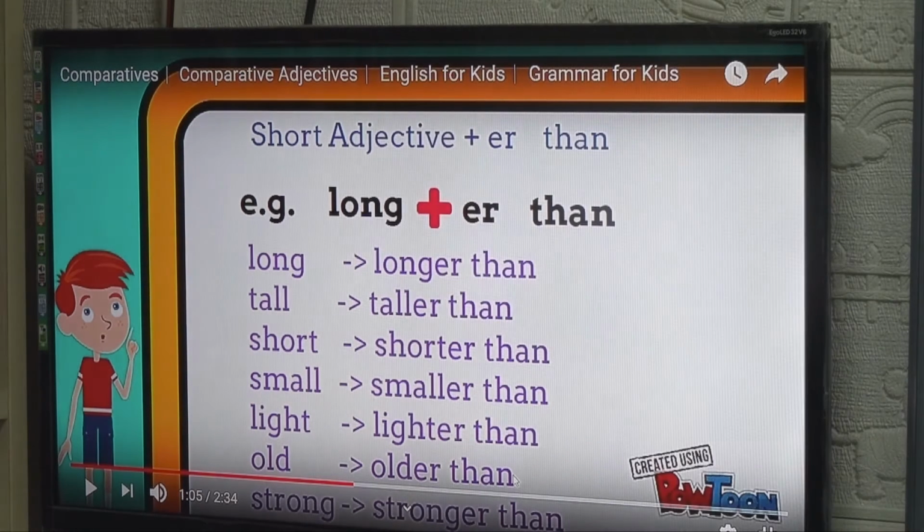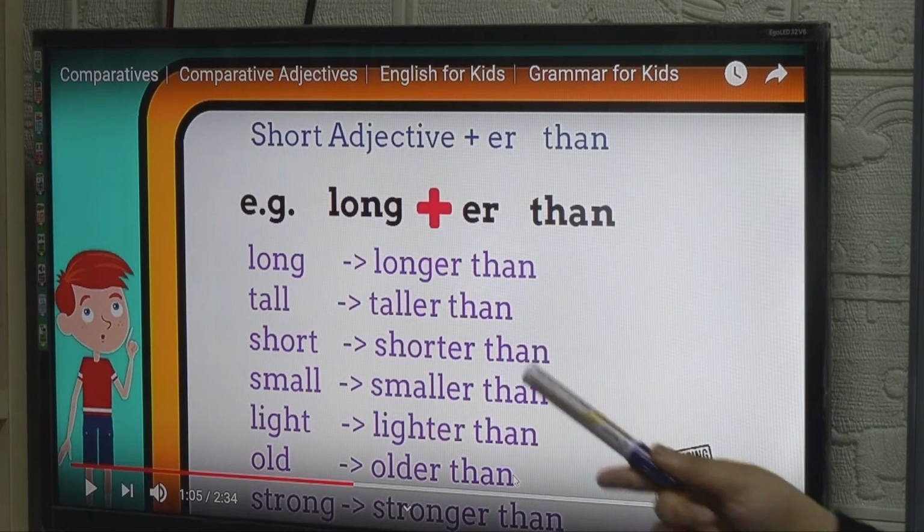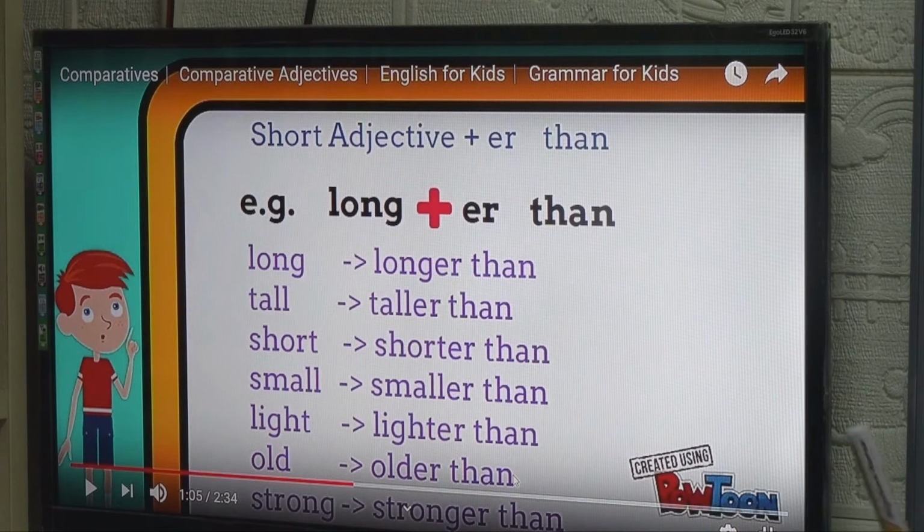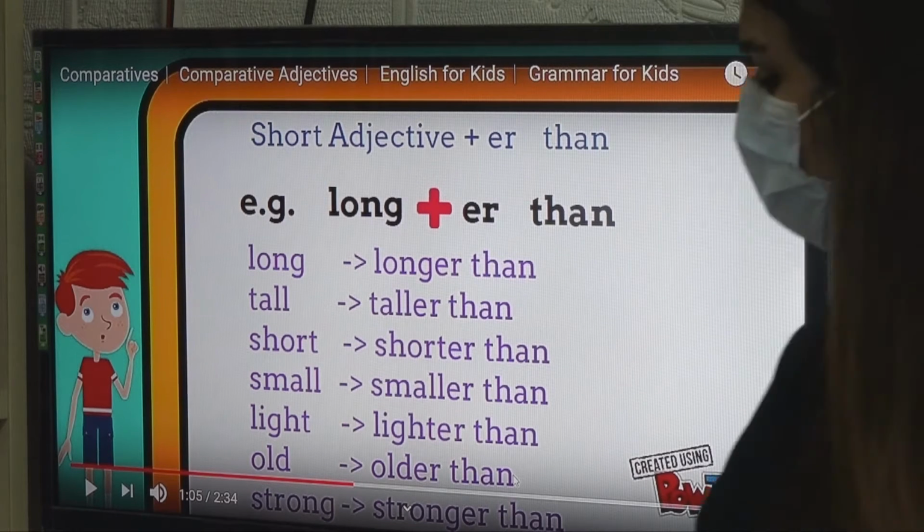For one syllable adjectives, we add er and then than. So there are many examples here, right? Long becomes longer than. Tall becomes taller than. Short becomes shorter than. Small becomes smaller than, and so on. Okay, here are the examples. Let's move on to the next spelling rule of comparative adjectives.